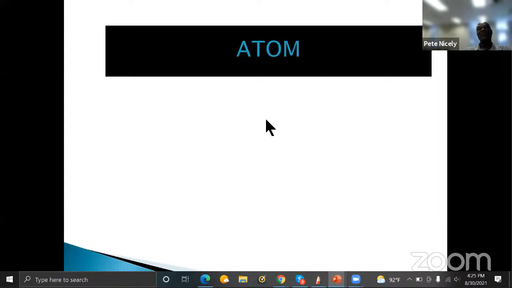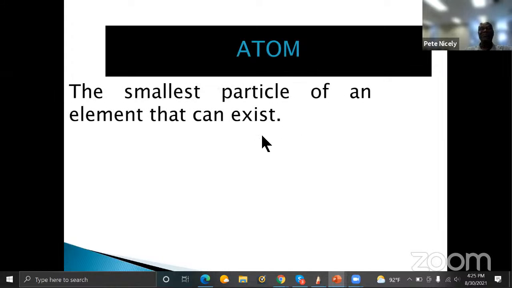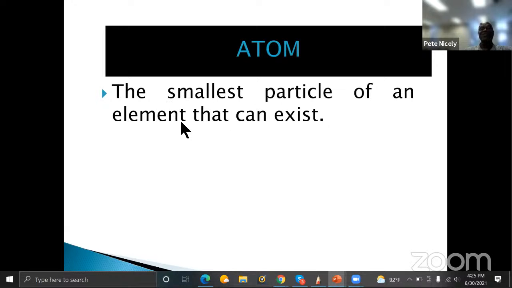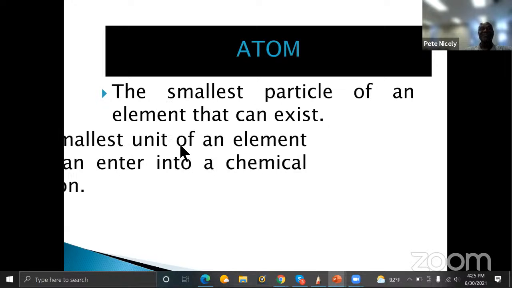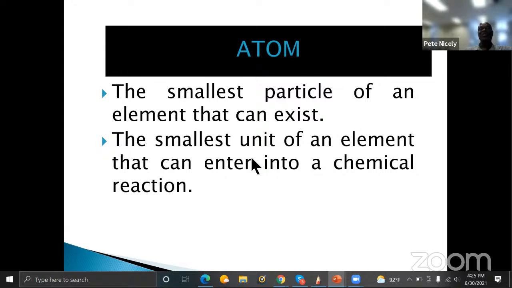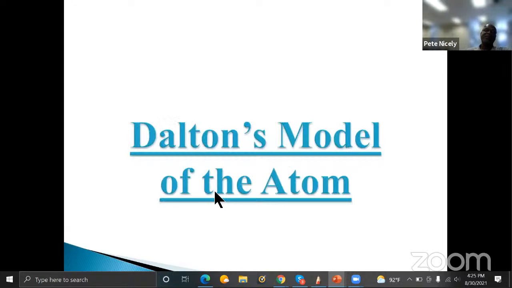Okay, so let's talk about the fundamental particle that exists in matter, the atom, right? It's the smallest particle of an element that can exist, and this is also the smallest unit of an element that can be involved in a chemical reaction. Now, let me go back to the time of the Greeks.